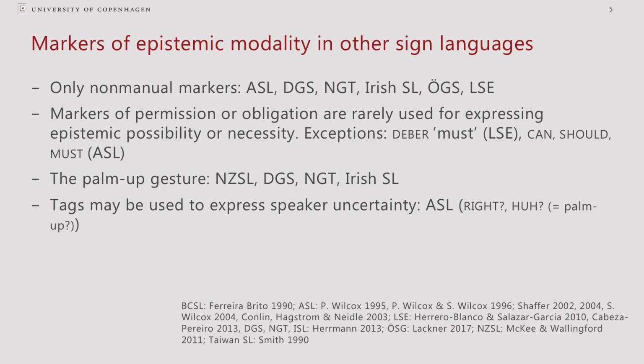Then it has also been found that the palm up gesture can be used to express epistemic uncertainty. And it's mentioned for ASL that tags may be used to express speaker uncertainty.